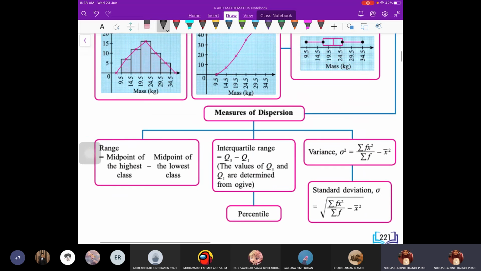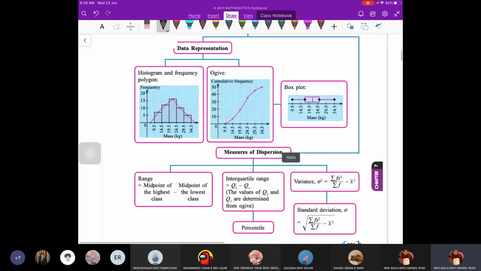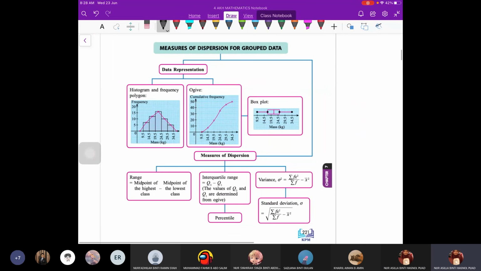So kita buat a bit of a summary. Okay. So kita mulakan dengan kita punya topik with a representation of data. Kita tentukan pasal class interval dulu sebenarnya ni before this. Ada pasal class interval, the new terms in measures of dispersion for group data.